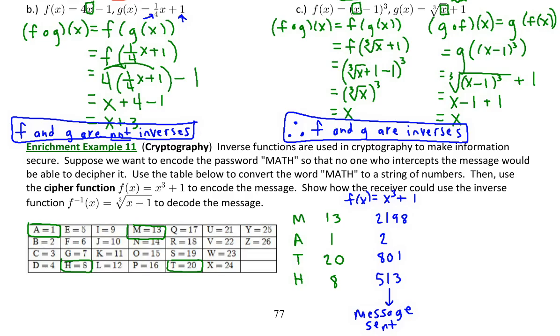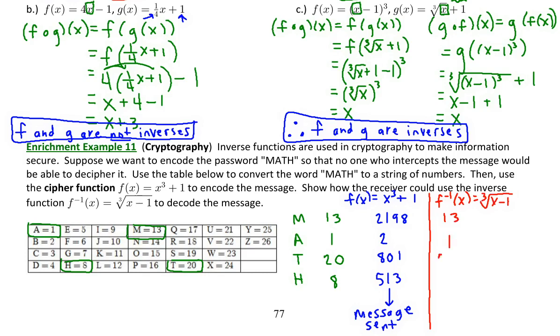Now, the receiver is going to have the decoding function. The decoding function is the inverse of f. And notice here, f inverse is given as the cube root of x minus 1. So when the receiver gets the number 2198 and plugs it into that inverse function, they can convert it back to 13. F inverse of 2, the cube root of 2 minus 1 is 1.